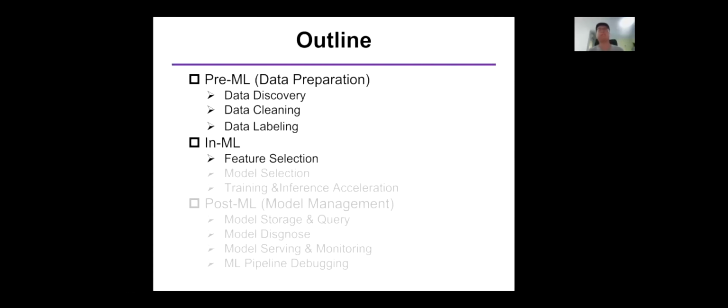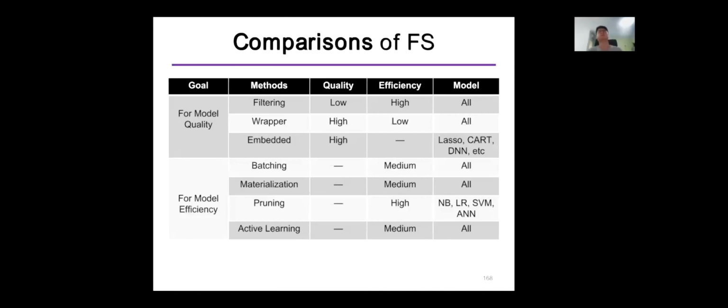Then let's talk about the in-ML field topic, feature selection. So let's see the comparison of feature selection. There are two main goals. First is for model quality, and the second one is for model efficiency. The first one is always conducted by the machine learning community, and the second one that we focus on is done by the DB community.